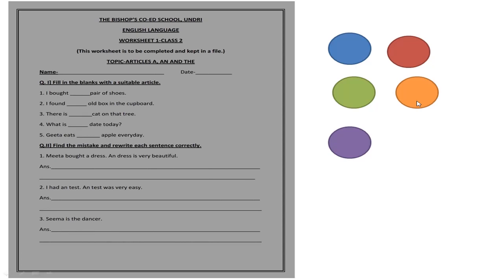And if we are talking about any one out of many, like a ball, any ball, give me a balloon. I mean there are many balloons. I want any one of them, so give me a balloon. But when I want the big pink balloon, then I'll say I want the pink balloon, right?